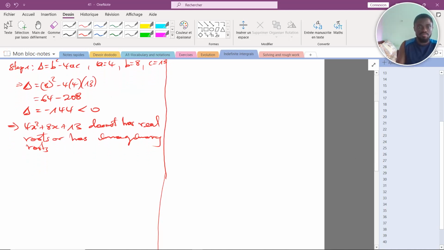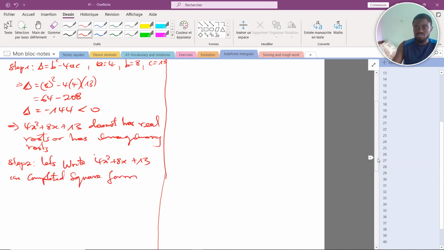We are supposed to complete the square. So our next step: let's write 4x squared plus 8x plus 13 in completed square form.